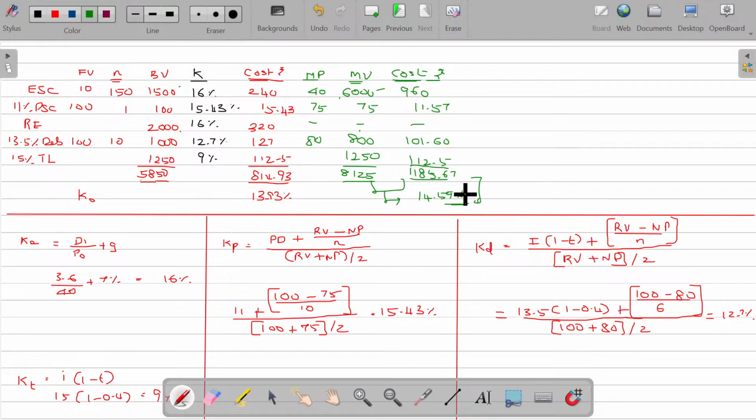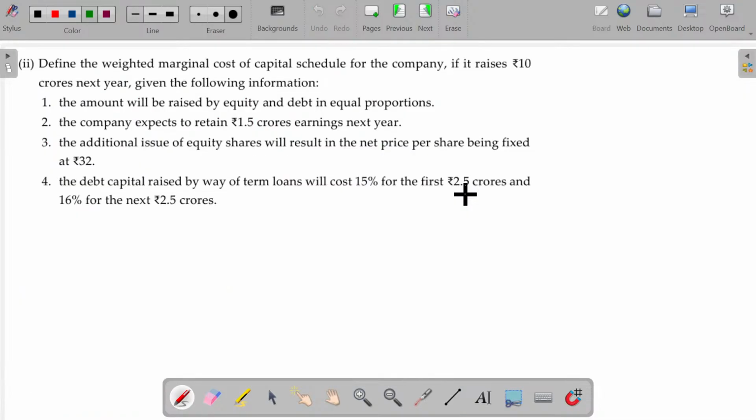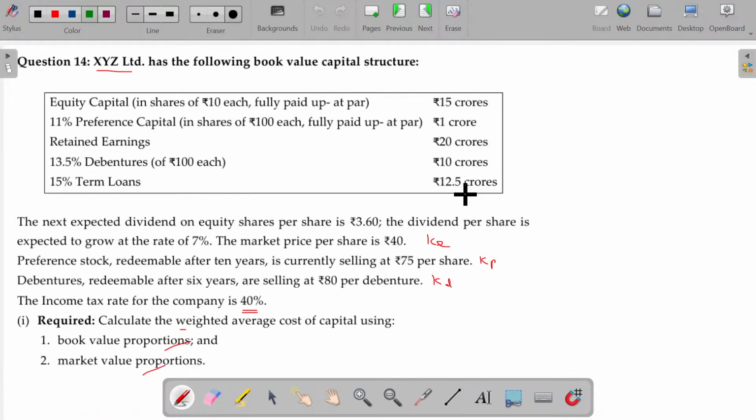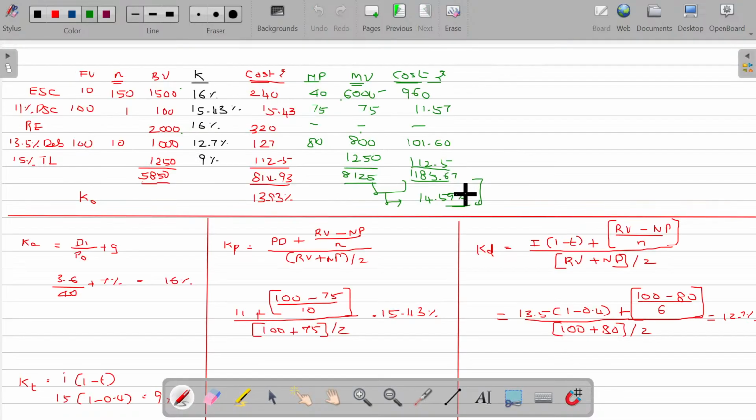In illustration, the first part is over. Second part is to calculate the marginal cost of capital for incremental funding. Okay, second part, this part. Okay. If you are thorough with this, let me know so that we go for the next one. Come on, make it faster. So with that illustration, we'll complete the cost of capital completely.